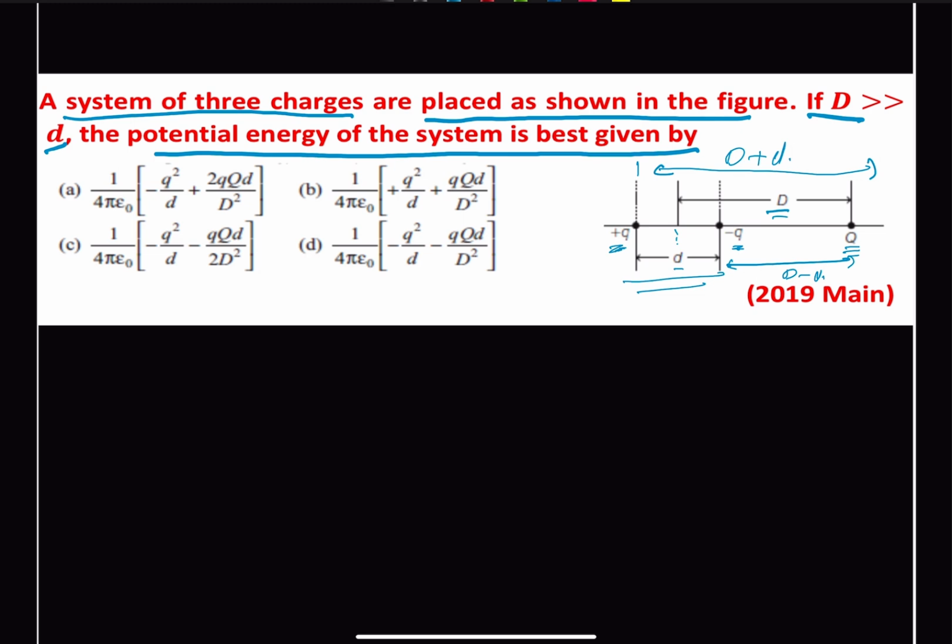Then we add all these energies to get the potential energy of the system. Second approach: if you look closely, these 2 charges constitute a dipole. So we independently know the potential energy of the dipole, and independently we can find the energy associated with this capital Q in the presence of the dipole system. That is a much shorter approach, because we know both the formulas.